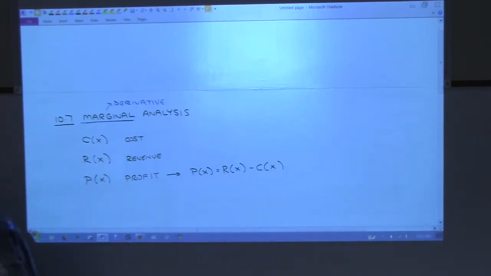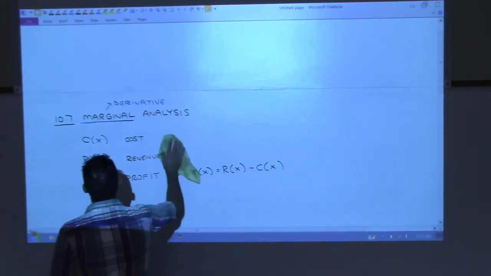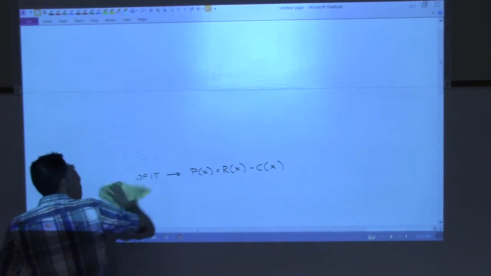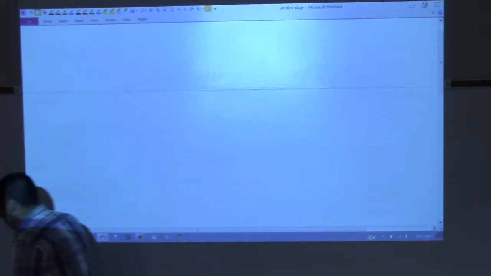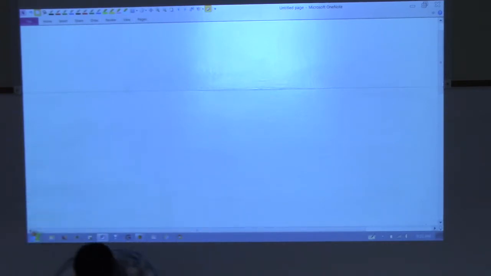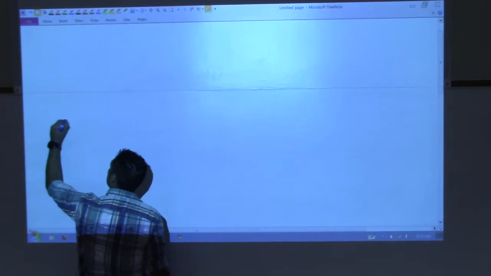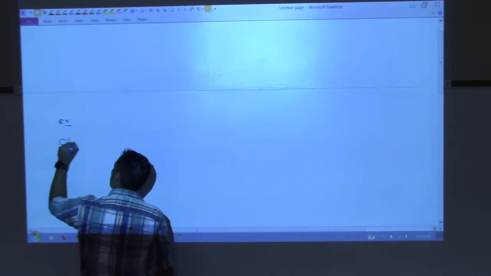So I'm going to put a function up here that we're going to start working with, and it's going to be a cost function. So as an example here, I'm giving you a cost function.